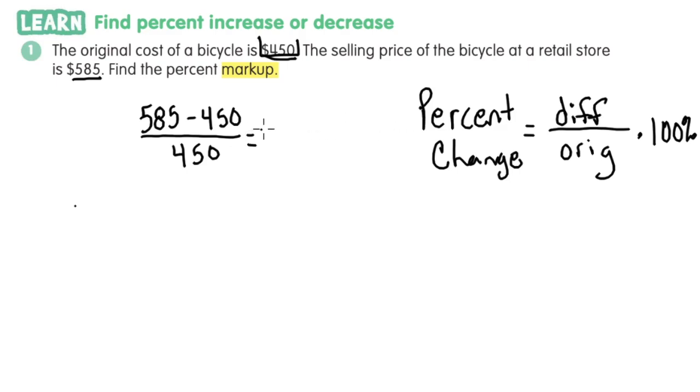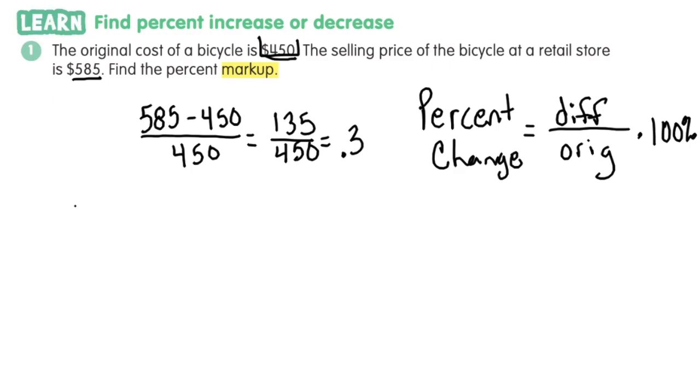When we subtract on top, we end up with 135 divided by 450. And when we divide 135 by 450, that gives us 3/10.